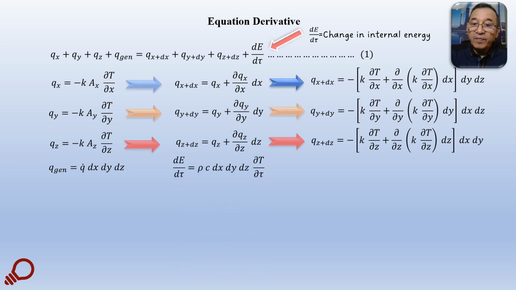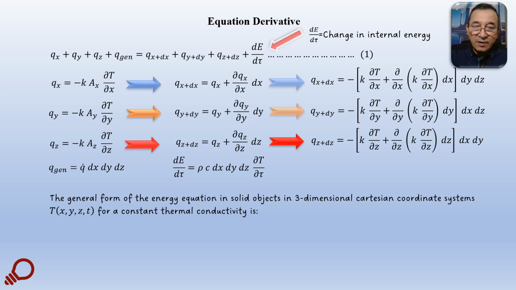We have also the change of internal energy of that element equal to rho, the density, C, the heat capacity of the material of that element, times the volume dx dy dz times partial T with respect to partial tau, which represents the rate of change of temperature with time.